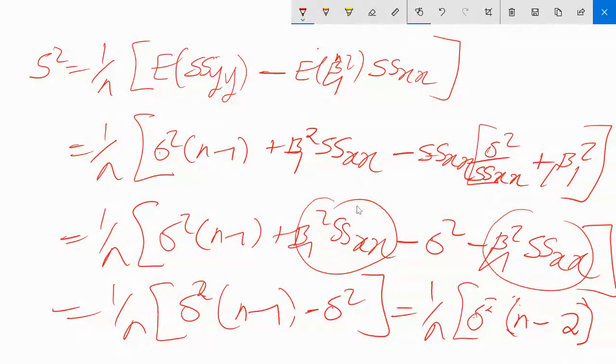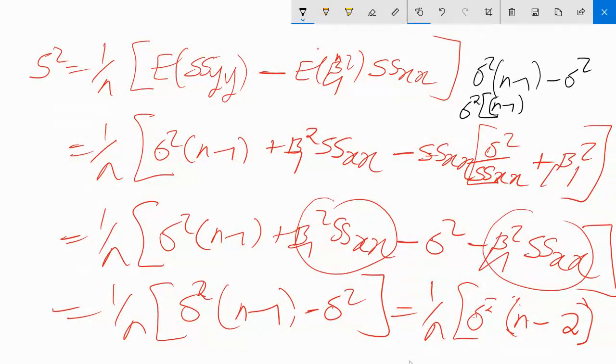Sir, explain how you factor the sigma squared? All right, it's fine. I will do it here. Let me use a different color. You have sigma squared n minus 1 minus sigma squared. So you take out sigma squared, you will be left with n minus 1.